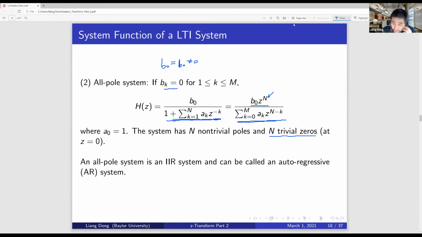An all-pole system itself is an infinite impulse response system. So if I really want to write my output as a convolution of some input coefficients, let's say h0 xn plus h1 xn minus 1, plus all the way to hm xn minus m, I will not stop here. I need to write more things.